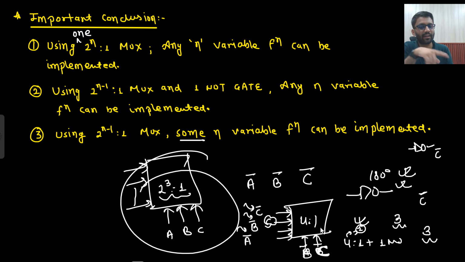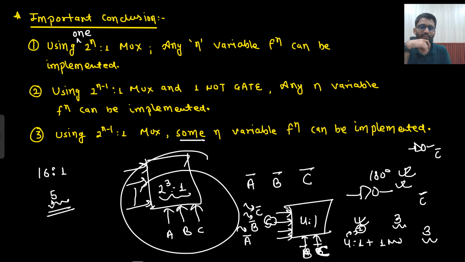If you are having a NOT gate and a mux with one variable less than the n variables you need to implement, then you will also be able to implement it, but the condition is you should have a NOT gate. So if I ask you the question, you are having a 16:1 mux. Can you implement all 5 variable functions with that?